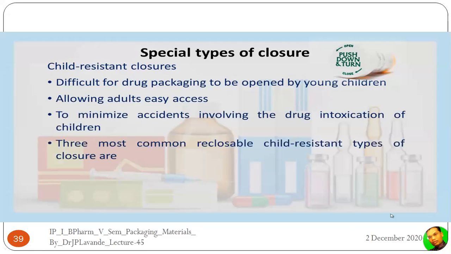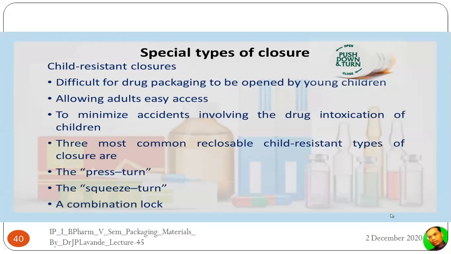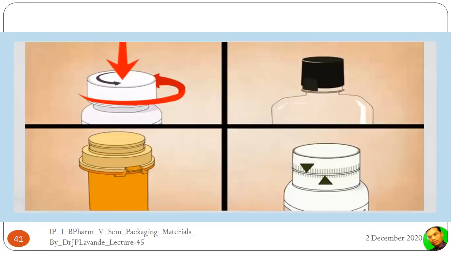The most common reclosable child resistant types of closures are the press and turn. We have to press it first, then rotate it. Then squeeze and turn. We need to squeeze it and then turn it. And sometimes there is a combination of these, either press turn and squeeze turn, or press plus squeeze plus turn.